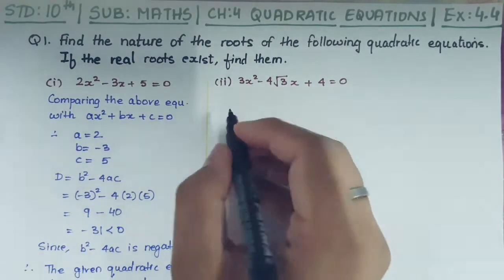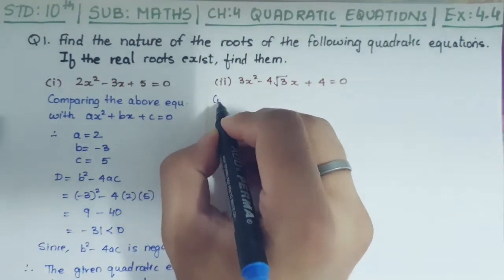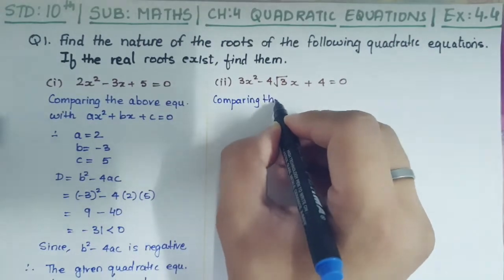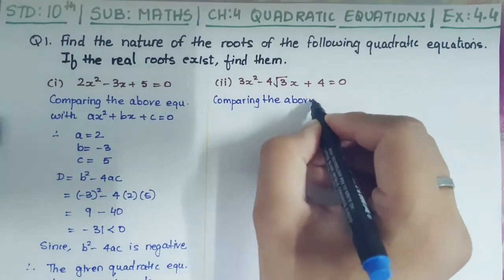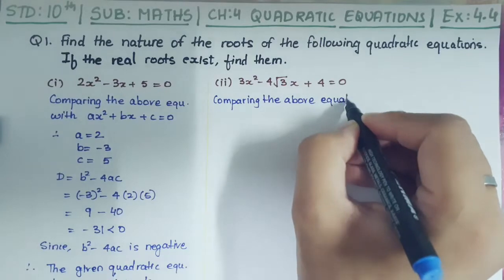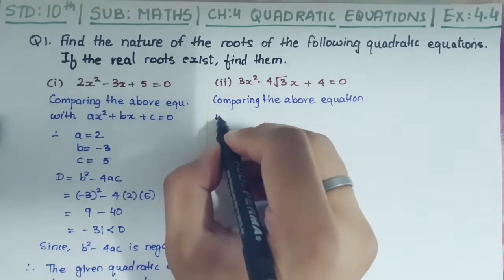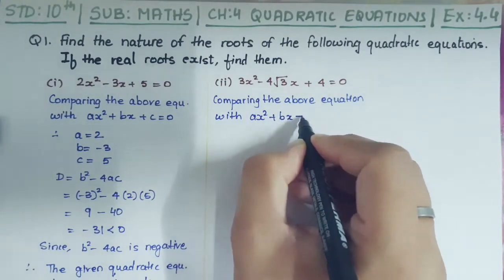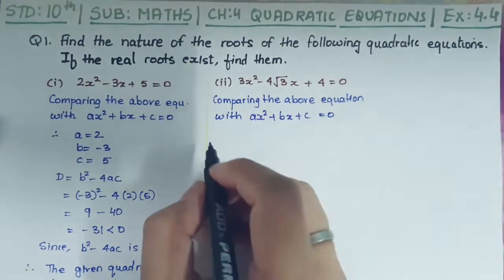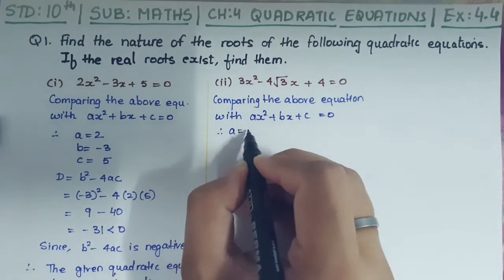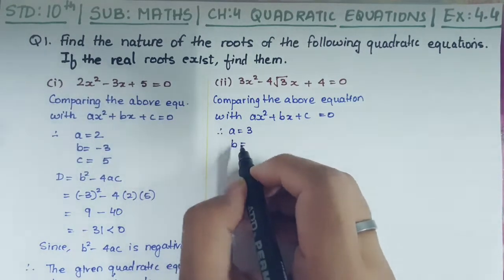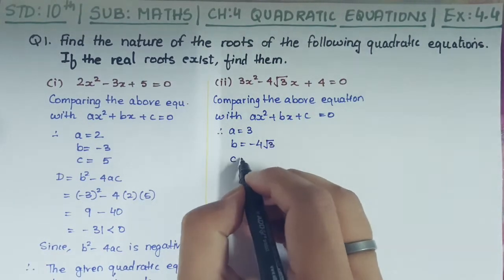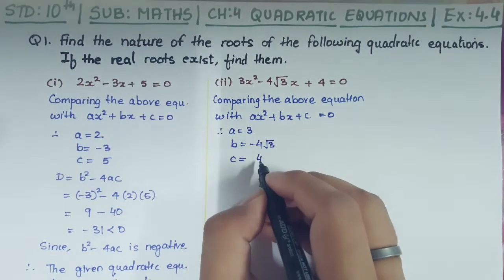So here we need to compare, comparing the above equation with ax square plus bx plus c equals to 0. Therefore, a is 3, b is minus 4 root 3 and c is 4.